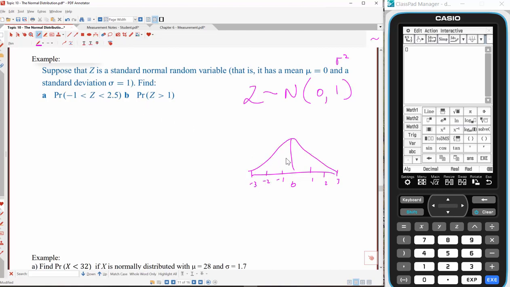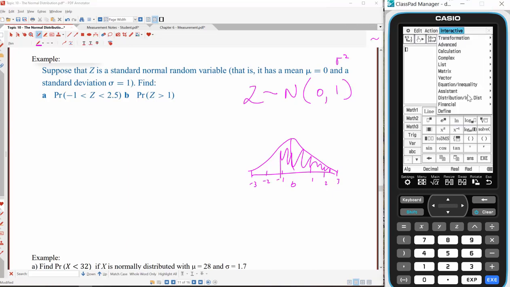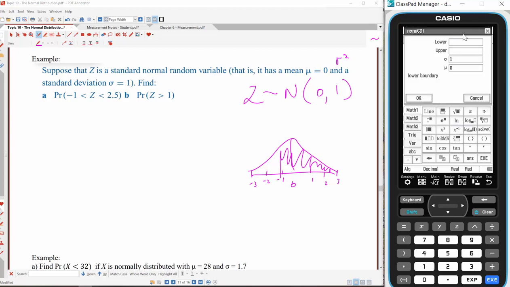So what we're looking at is between there and there. We want this area here. So we'll go over to interactive, distribution, continuous, normal CDF. Our lower is going to be -1, our upper is going to be 2.5, with a standard deviation of 1 and a mean of 0.